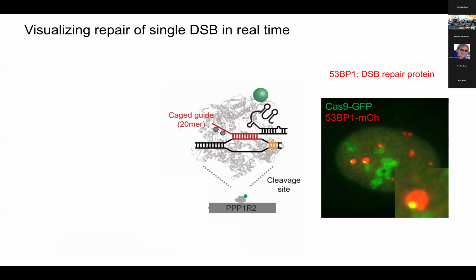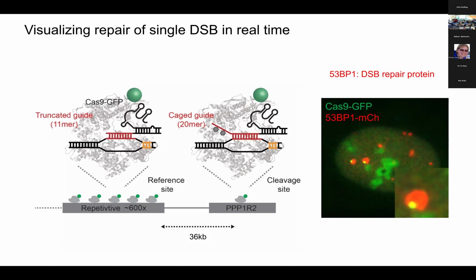He designed a guide RNA that targets a specific site, so this Cas9 would sit on that site. But because this is a live cell, there is a lot of free Cas9-GFP in the background, so it's hard to see a single GFP signal.